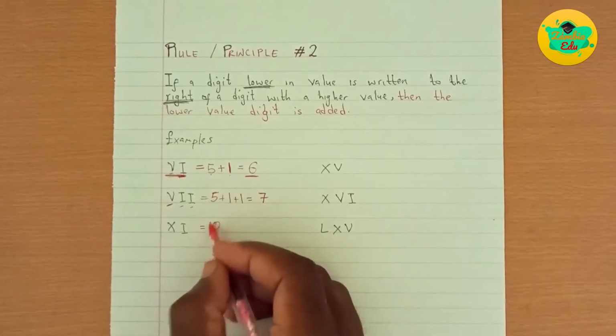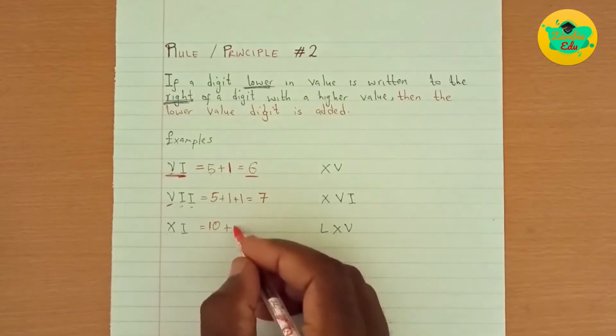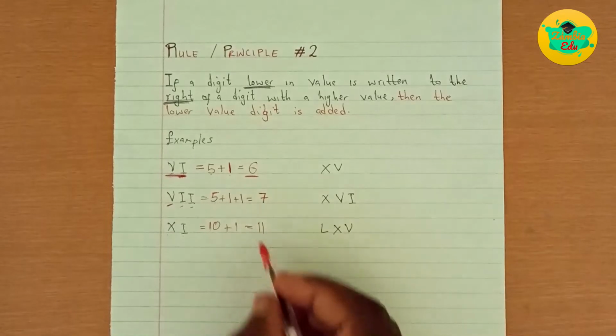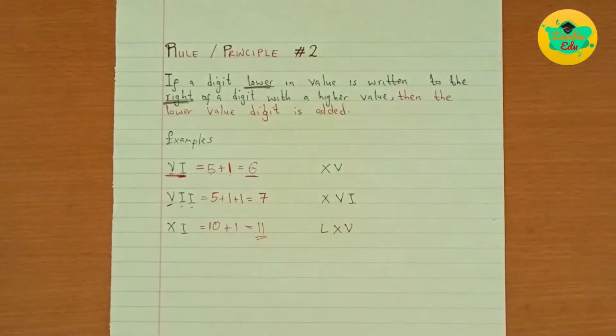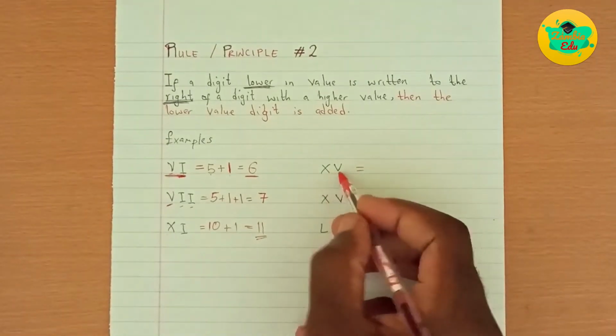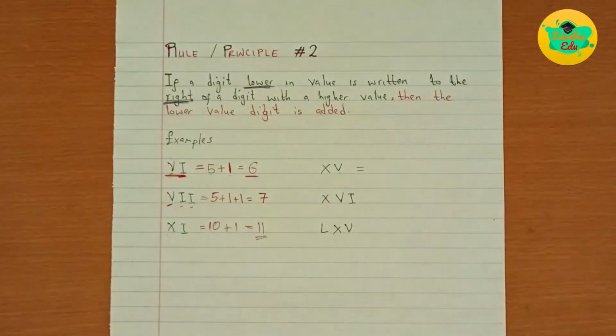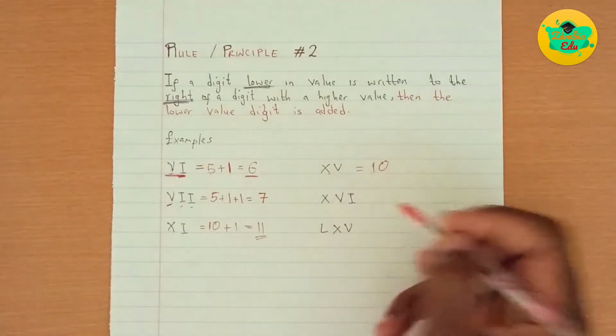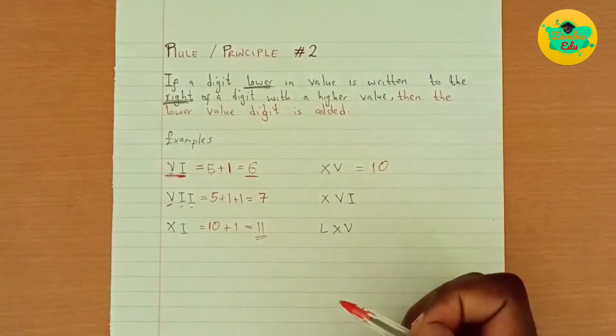You say 10 plus 1, which should be able to give us 11 as the numeric value of that Roman number. We go to the next example. The next example gives us XV. X is 10. V is 5.